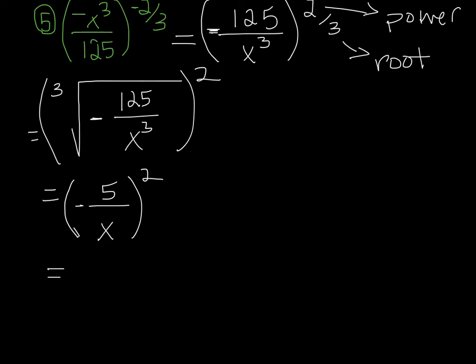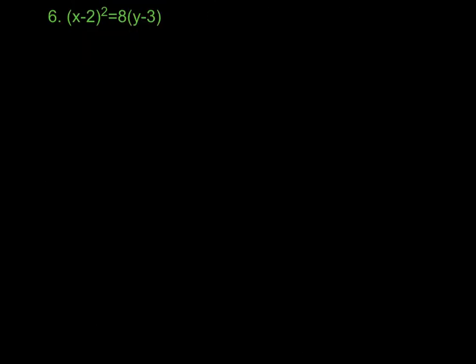So we're going to square the numerator, square the denominator, and don't forget to square that negative. So if we square the negative, that's going to become positive. And if we square the 5, we're going to get 25. And if we square the x, we're going to get x squared. And there's our answer. And we look at the multiple choice, and that is choice 1.